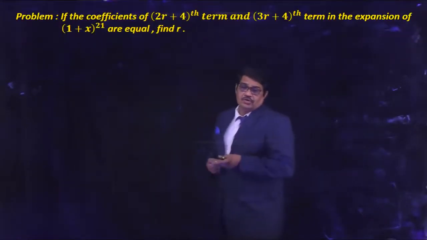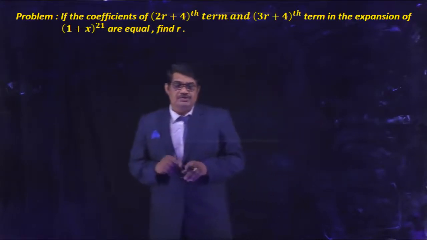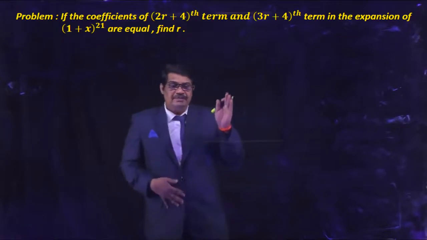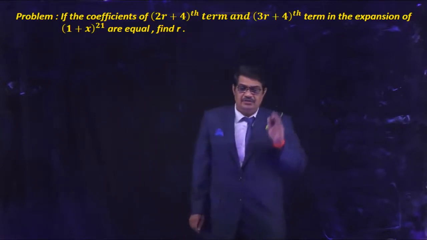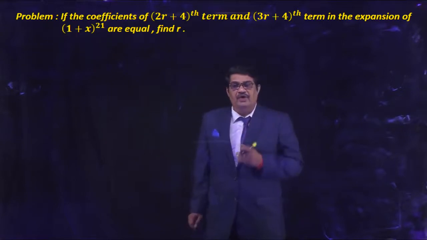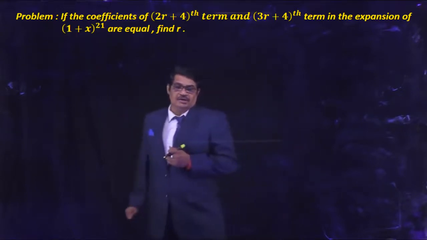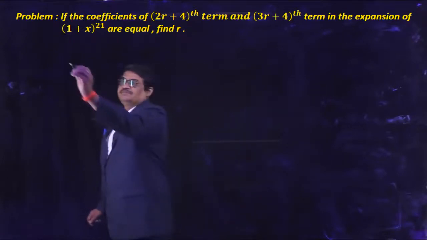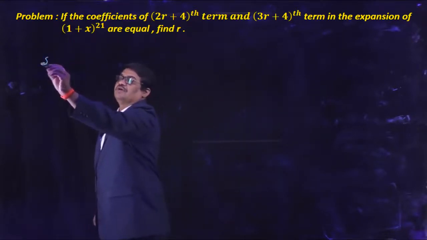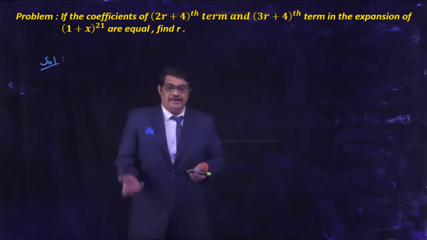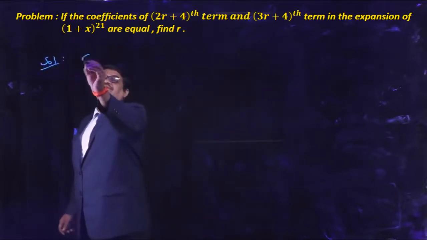If the coefficients of the 2r plus 4th term and the 3r plus 4th term in the expansion of (1 plus x) to the power of 21 are equal, then we have to find the r value. Okay, see the solution. What is the given expression here?